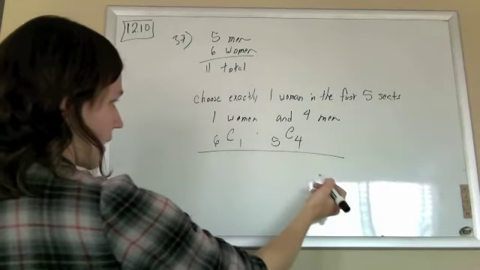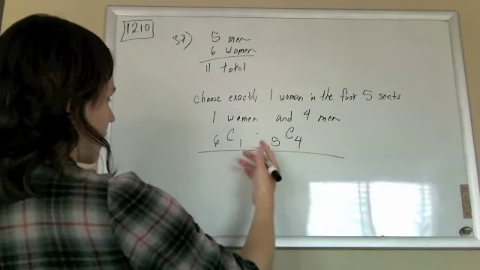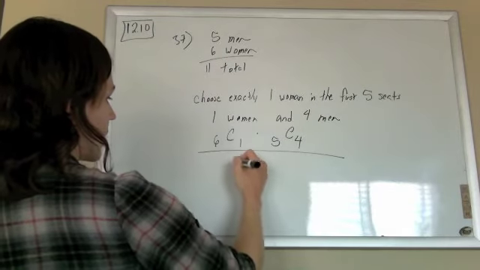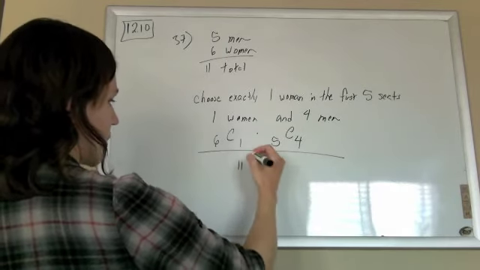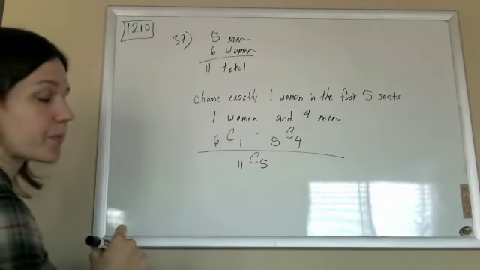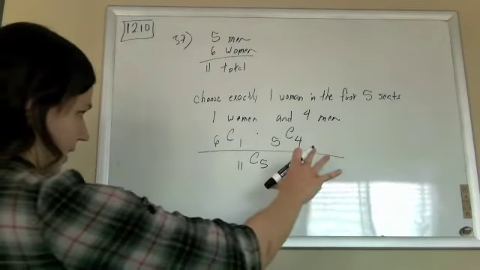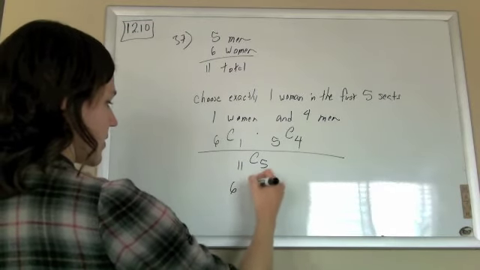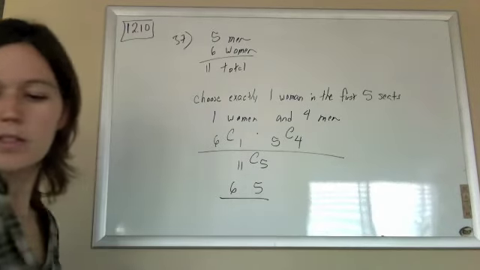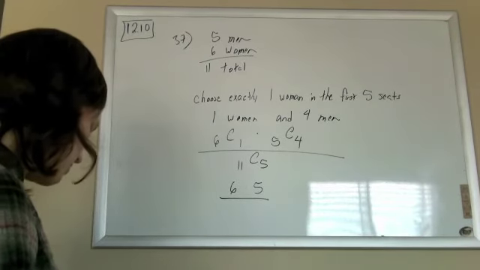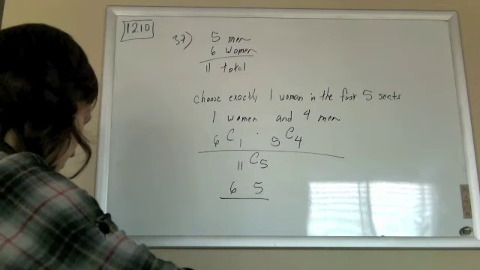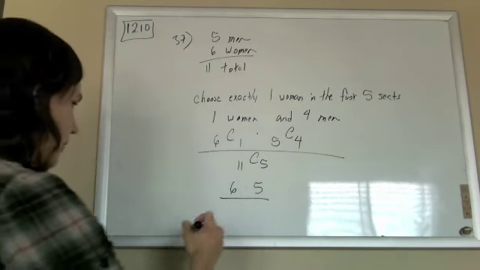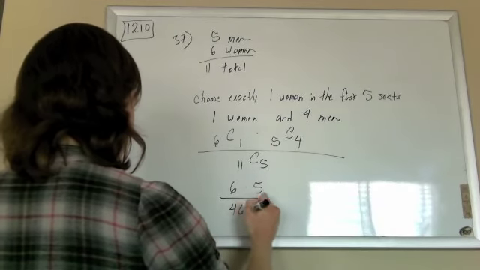To make it a probability, we want the number of ways to choose 5 seats. There are 11 people total, and we want to choose 5 of them. So if we work these out, 6C1 is 6, 5C4 is 5, 11C5 is 462.